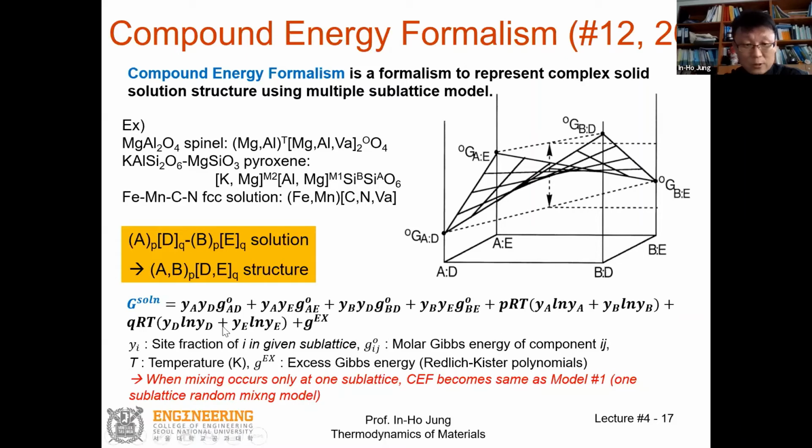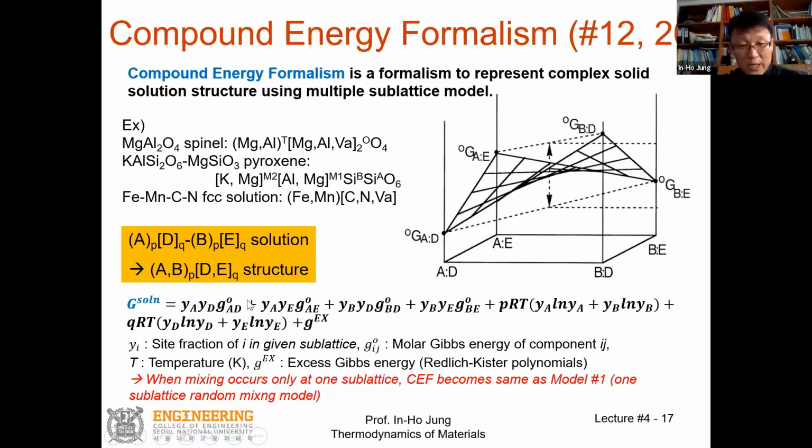So basically I have YA moles and YB moles and YD moles and YE moles of species existing in each sublattice here. And so the amount of Gibbs energy I need for the AD is YA times YD, the site fraction of these two, times the Gibbs energy of A_P D_Q.